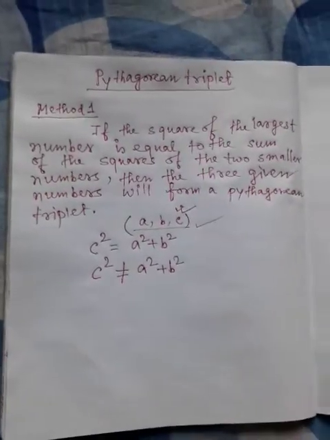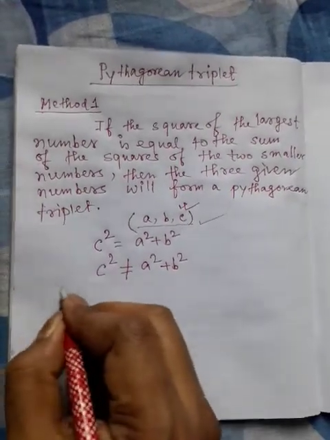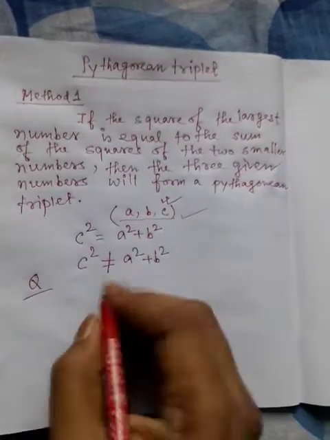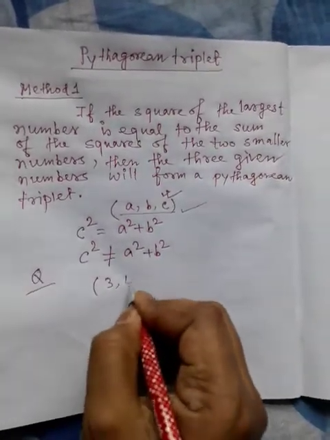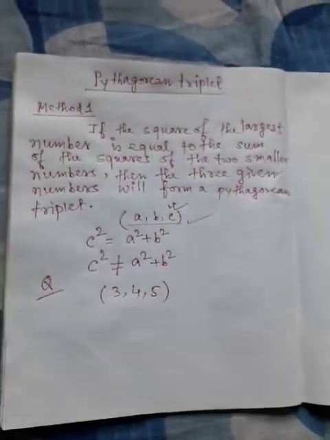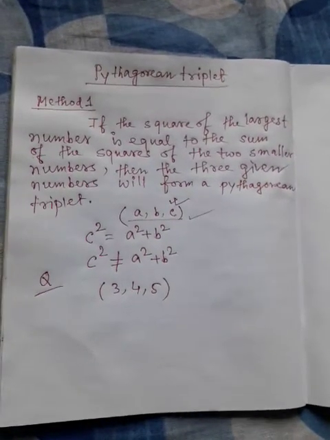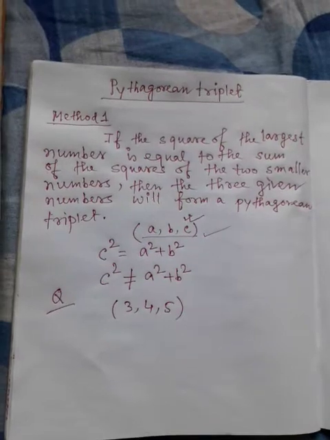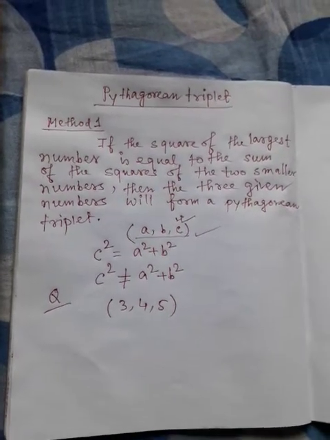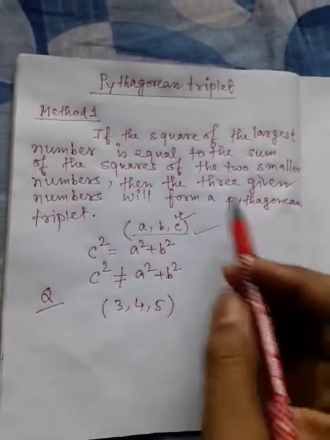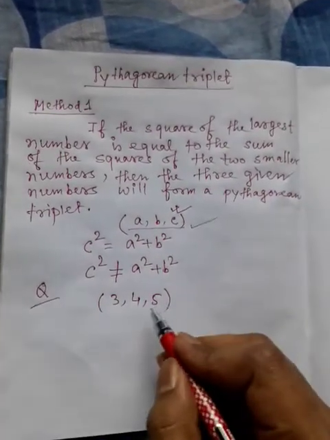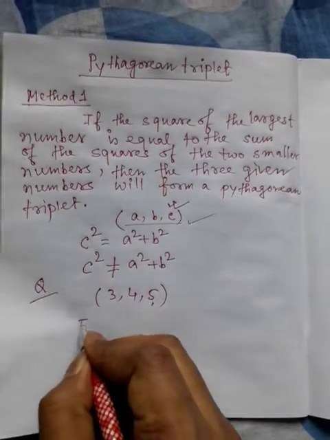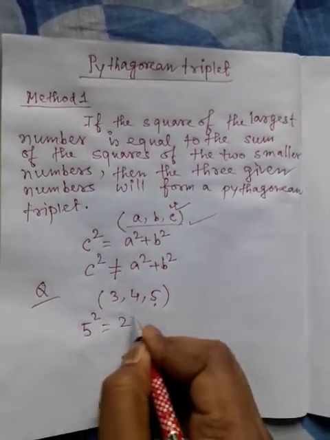Now we take one example. Say three numbers 3, 4, and 5. We have to check whether this one is a Pythagorean triplet or not. Now if we apply this method, what is the largest one? 5. 5 square is 25.